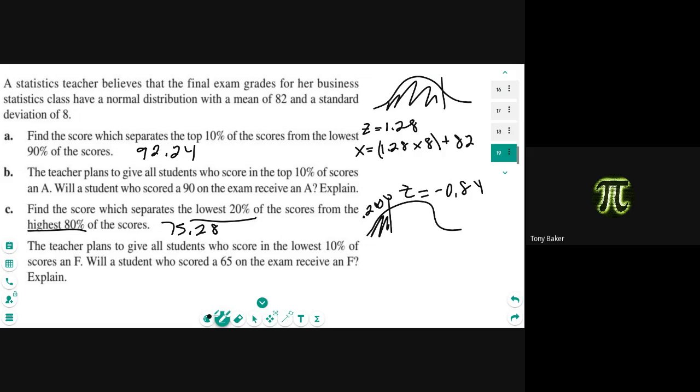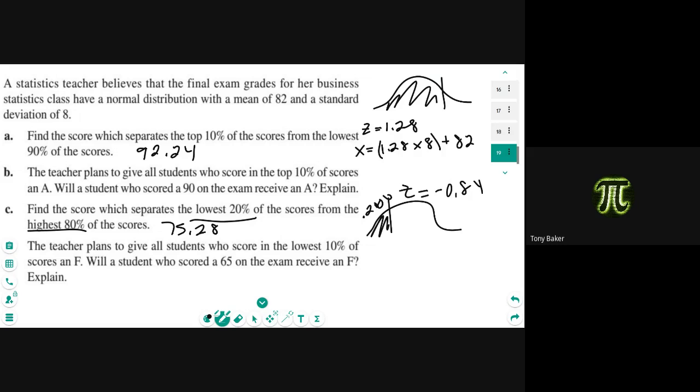A teacher plans to give all students who score in the lowest 10% of the scores an F. So will students who score a 65 on the exam receive an F? So now what are we looking for? We're looking for 10%. That could be higher.